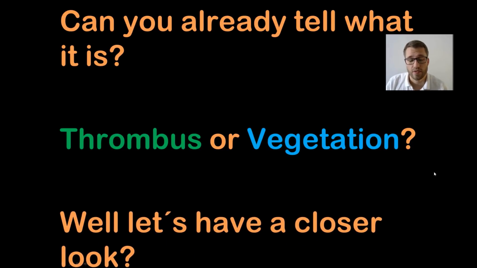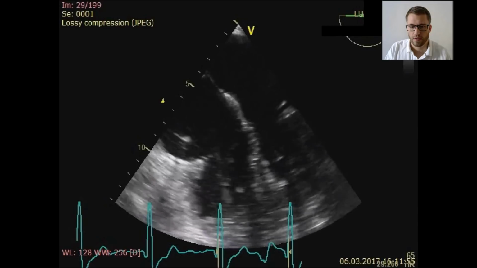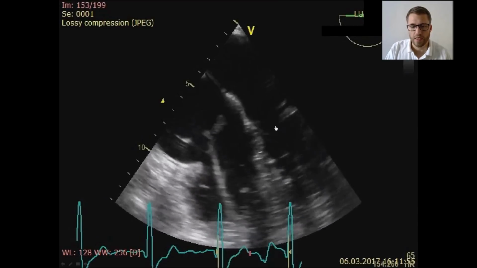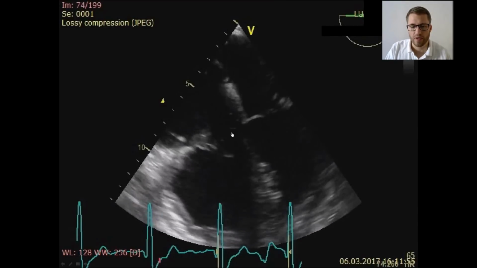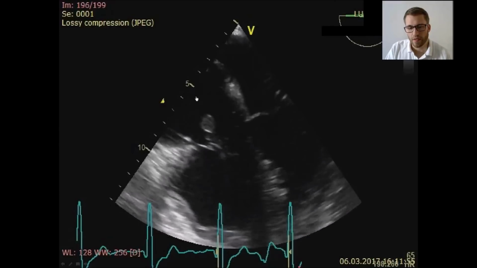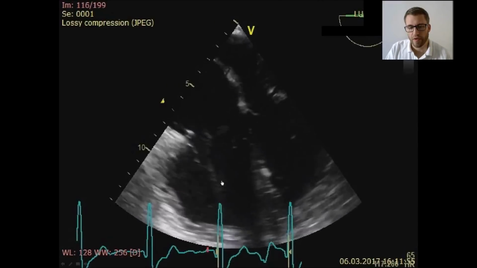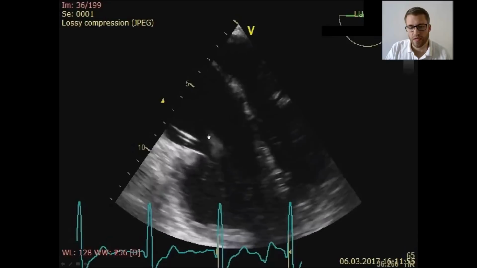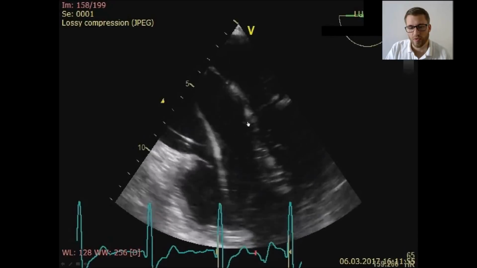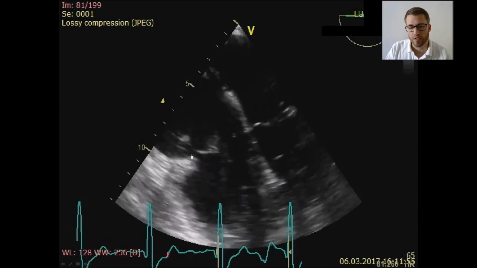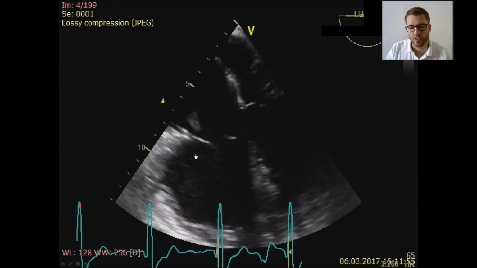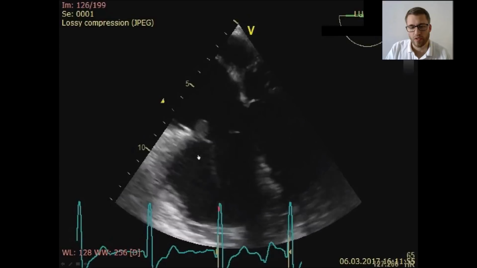Well, let's have a closer look. In this view, you can see this structure very well, and we have the impression that it is not attached to the tricuspid valve, because the tricuspid valve looks very smooth here, normal, not altered.